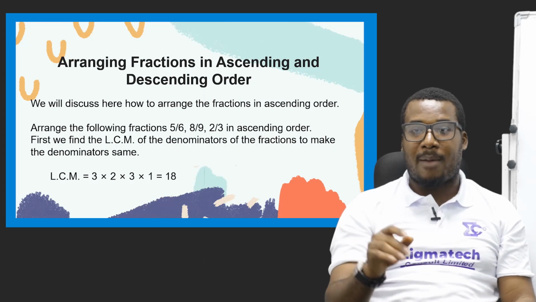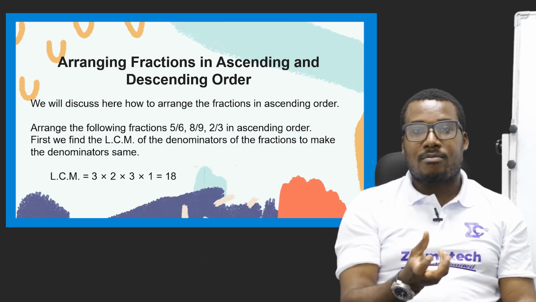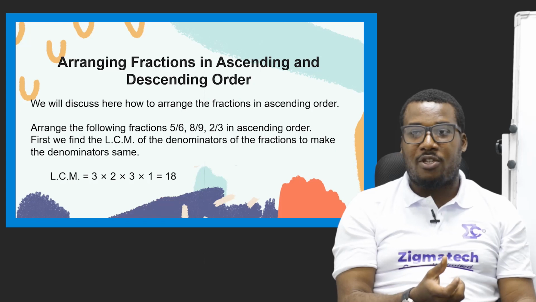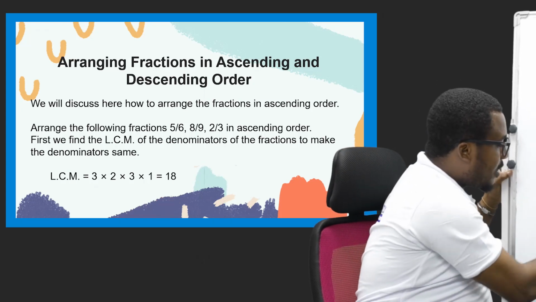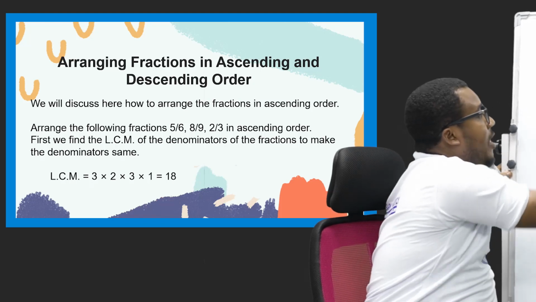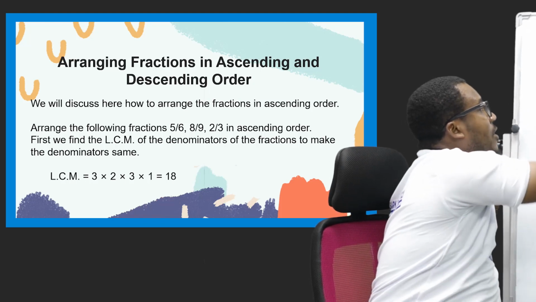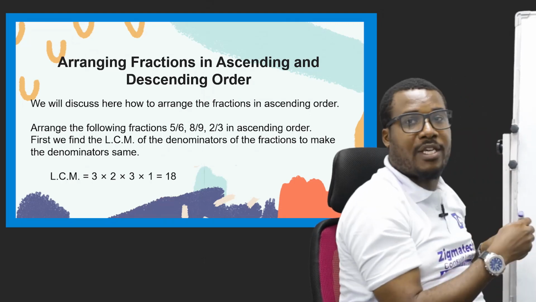The LCM method talks about taking the 3 denominators: 6, 9, and 3. You take the 3 of them and you find their LCM.